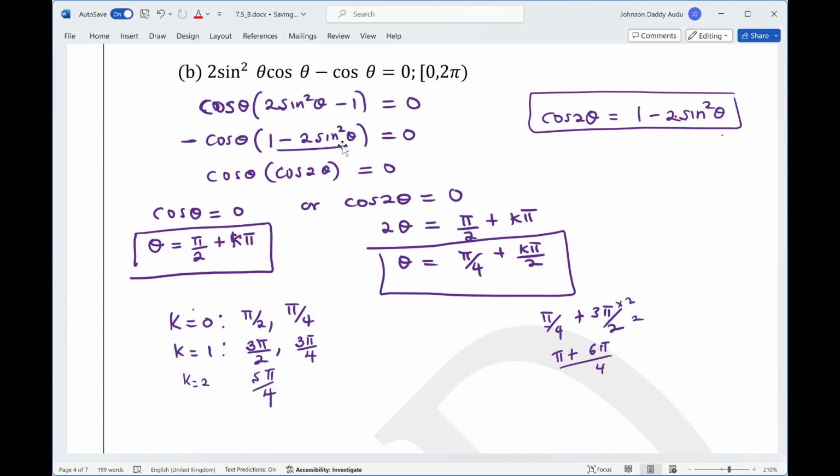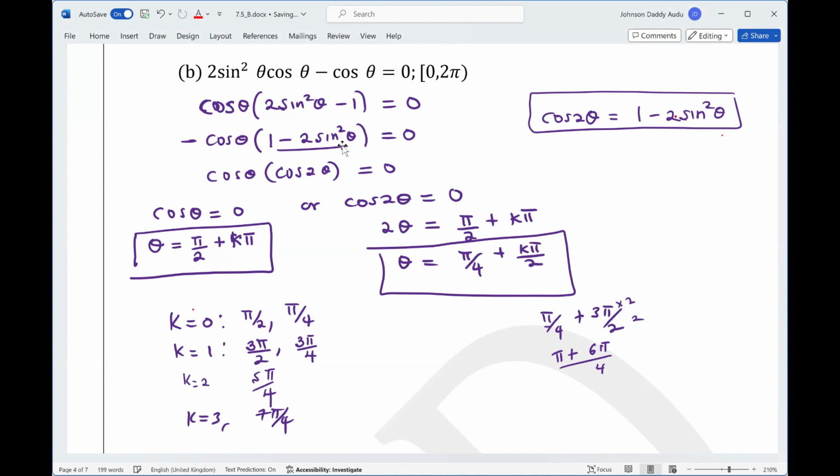So you can see this is still okay. This will give us 7 pi over 4. This is for k equals 2. This is for k equals 3. We have 7 pi over 4.